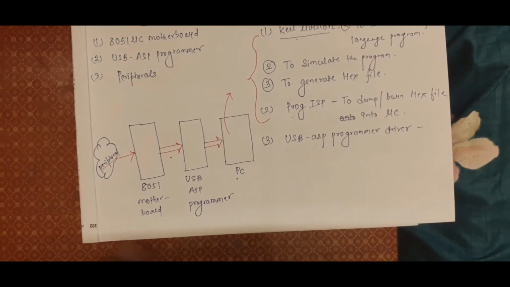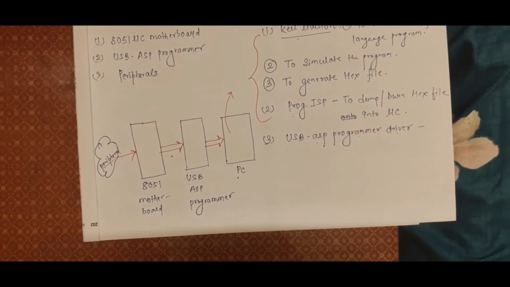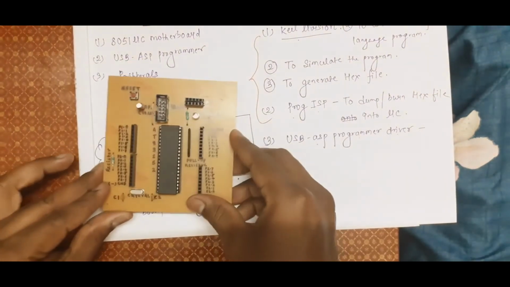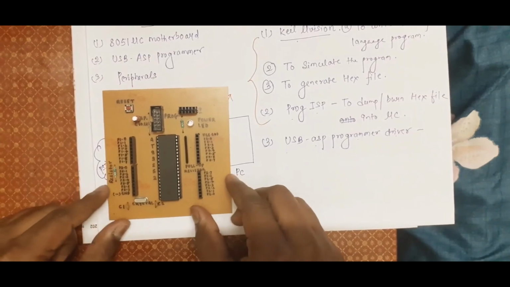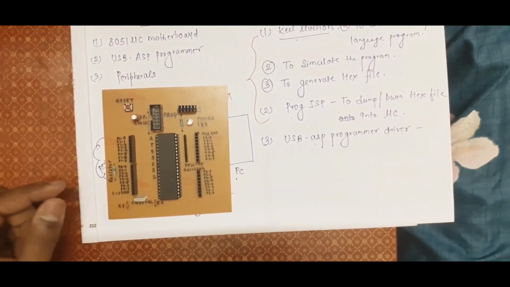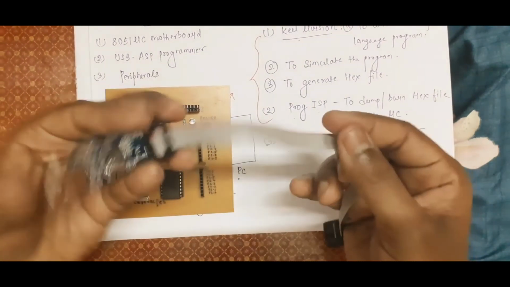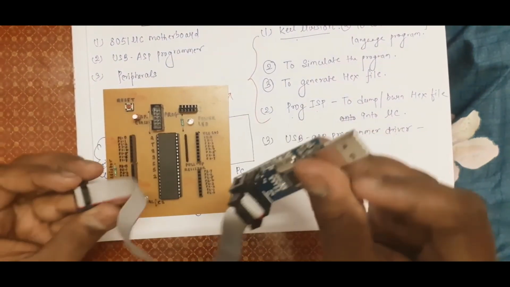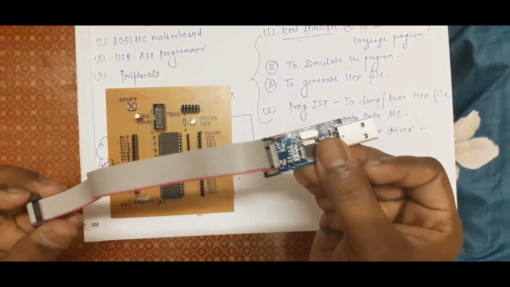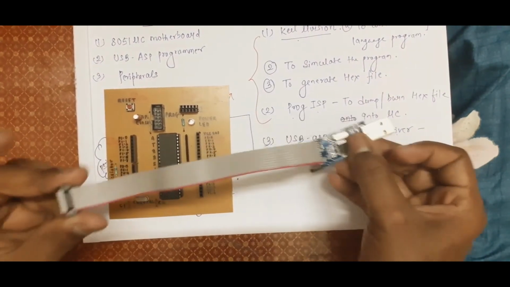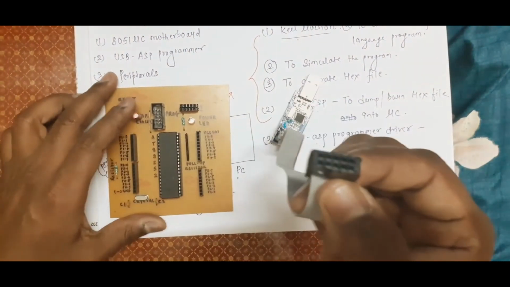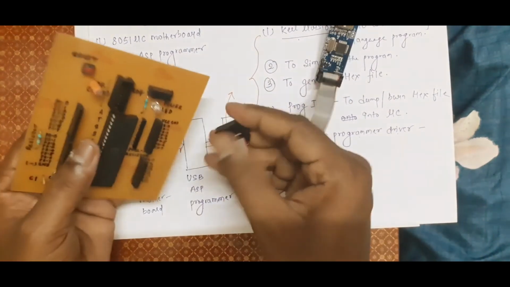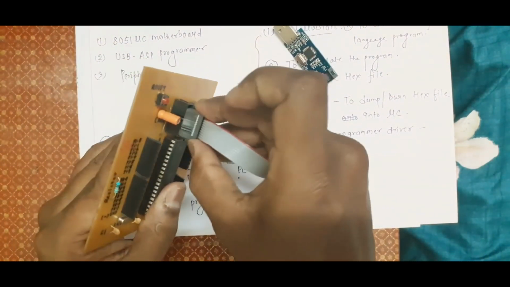Let me show you this block diagram in hardware. Let's say this is my motherboard, and this is my programmer. So this USB point will be connected to the USB port of my computer. This FRC socket will be connected to the box socket of my motherboard.